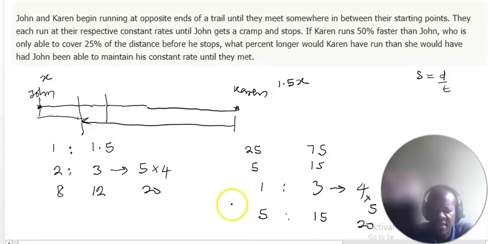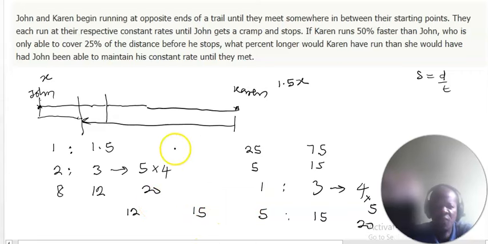So from here you can clearly see that in the first case, Karen was able to cover 12 units. In the second case, she was able to cover 15 units. So from these values, we can calculate the percentage increase of the distance she was able to cover. So we now need to calculate the percentage increase from 12 to 15.